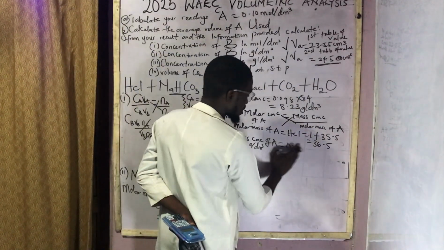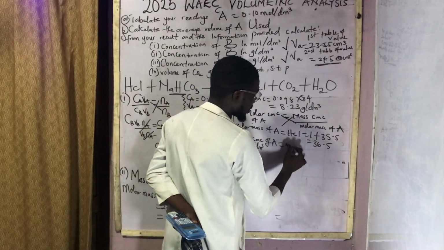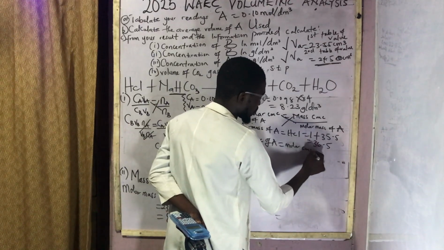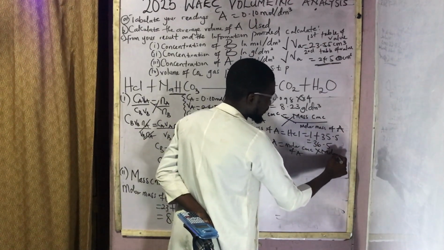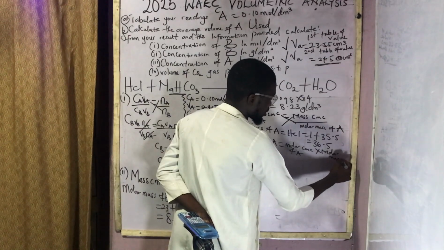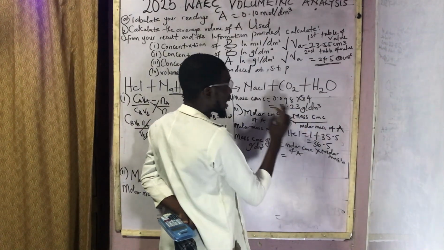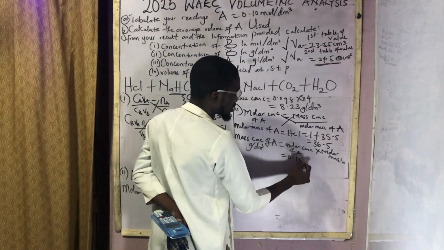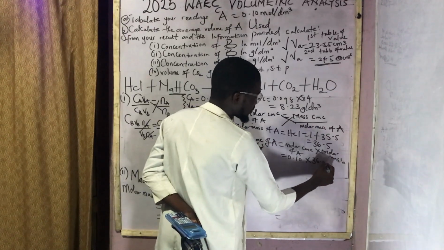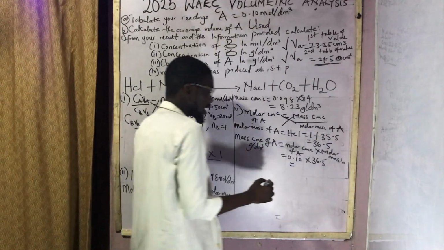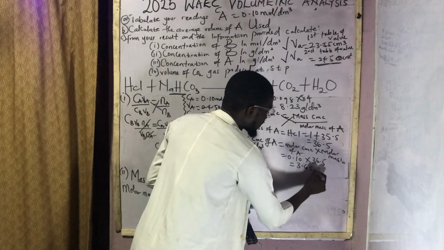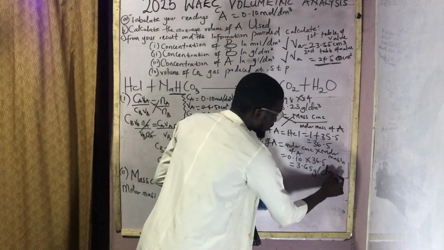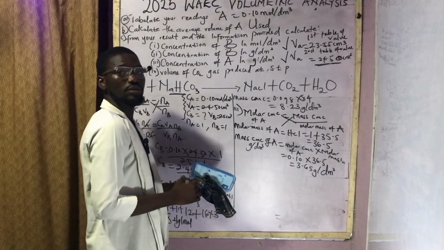Don't forget, let's get the formula by saying molar concentration of A multiplied by molar mass. So the molar concentration of A is 0.10 times 36.5. By doing that, we are going to have 3.65 gram per dm cube.